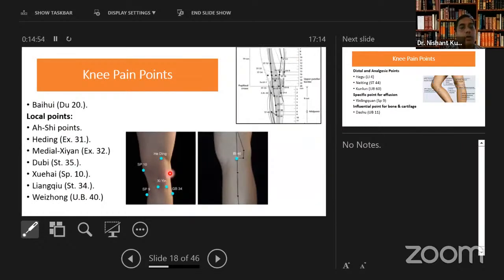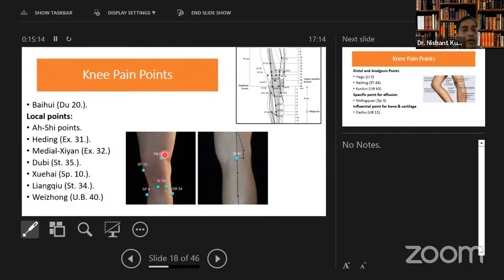What important local points do we usually use for the knee? Apart from the shi points, which are the tender points, and the sedation point, we go for extra meridian 31, from the middle part of the patella. I think the points have been covered. You should see this diagram, which is more important than this point.